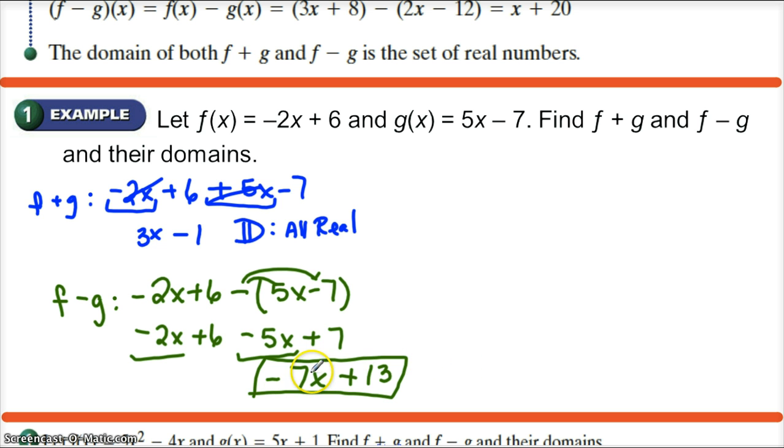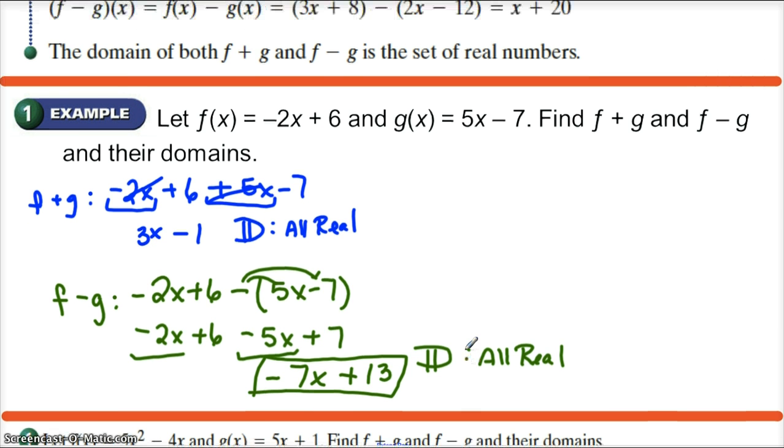The domain, again, there's no place where any value of x would make this an undefined function, so your domain is all real. Okay? A time when you would have a domain where there should be a limit would be with an example that would be 1 over 2 plus x.